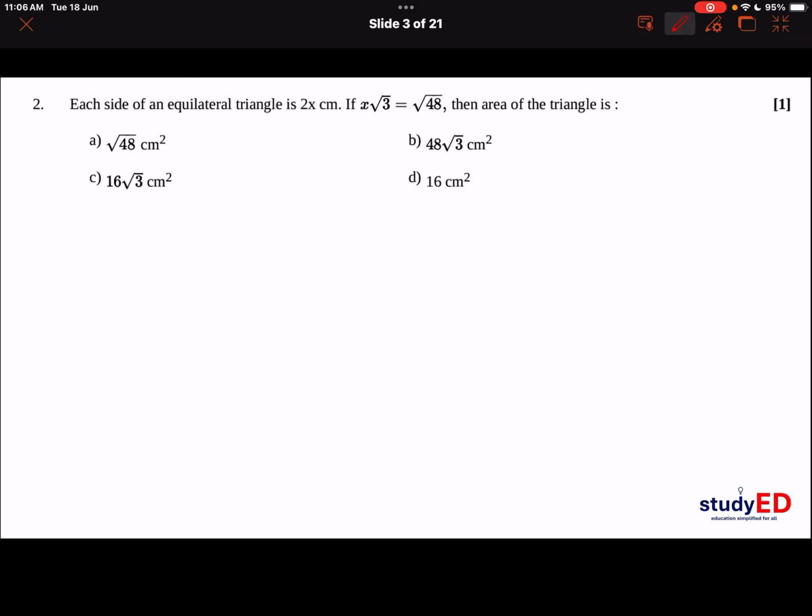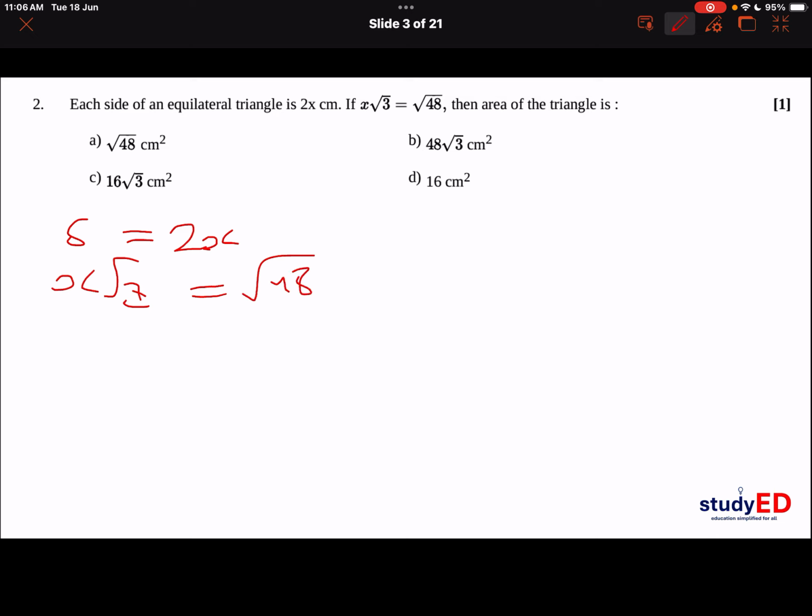Each side of an equilateral triangle is 2x centimeters. If x root 3 is equal to root 48, the area of the triangle is. Let's see our given information. Each side is 2x and x root 3 is root 48. How are we going to find the area of the triangle?